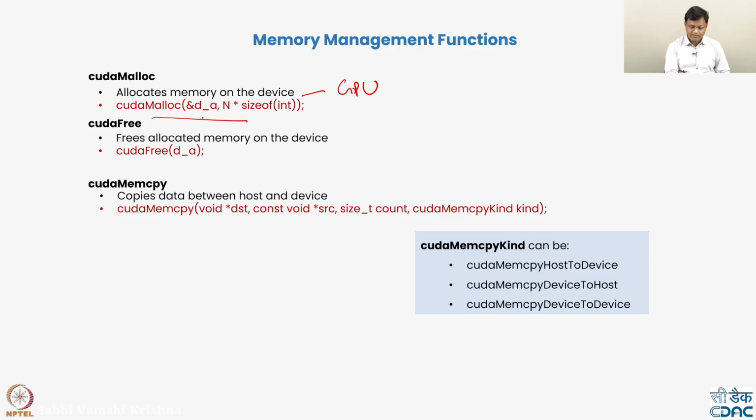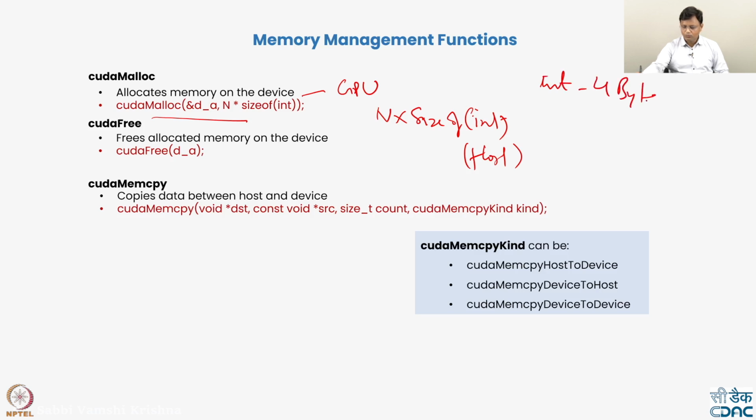You can see that d_a is a variable, and it specifies how much size must be allocated for this variable. So it is n times the size of, it may be int, float, etcetera, whatever. If you want to store an int value, each int variable needs 4 bytes of space to represent one element, and it has n elements.